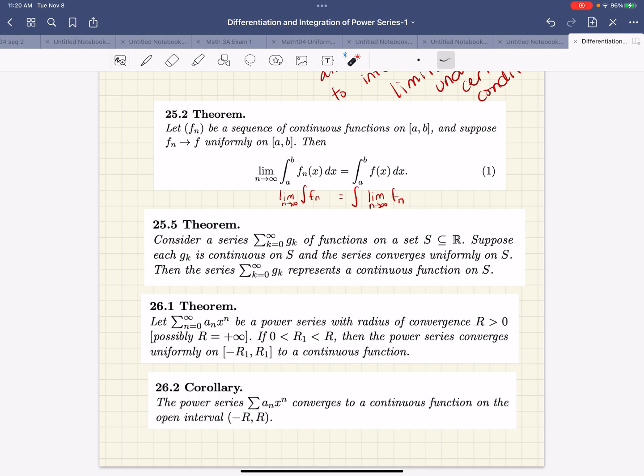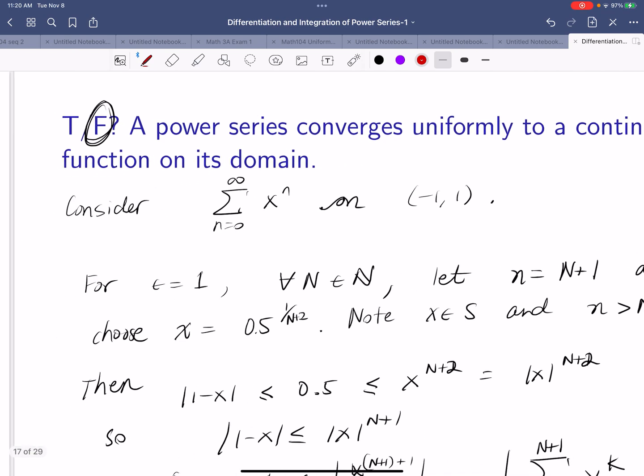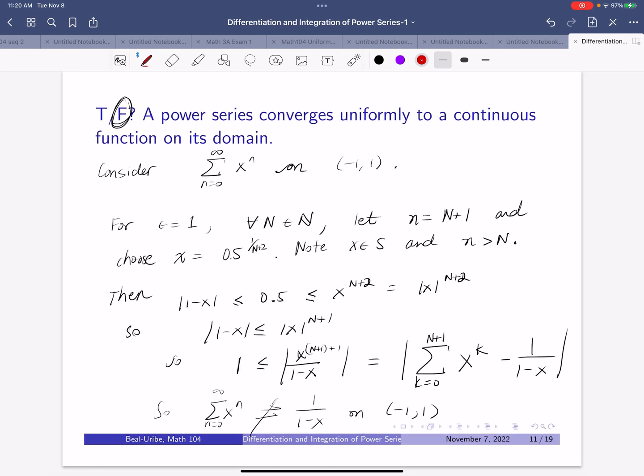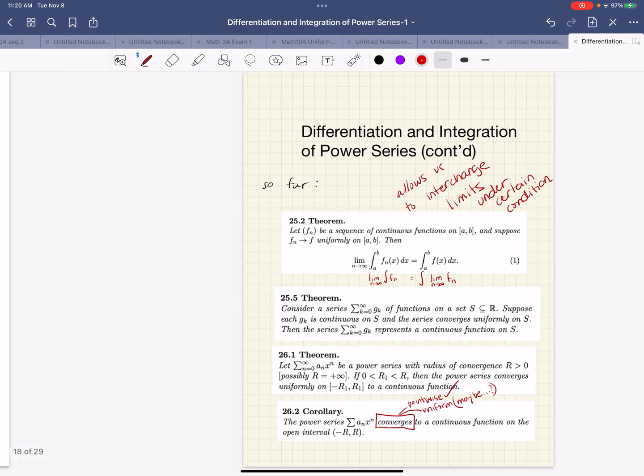So, looking here, this converges pointwise, yes. Uniform, maybe not. Right? So we looked at an example. The example that we looked at here shows a power series doesn't have to converge uniformly to that continuous function. It could just converge pointwise.